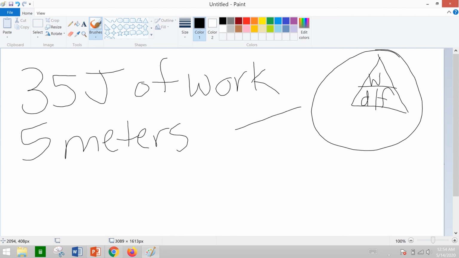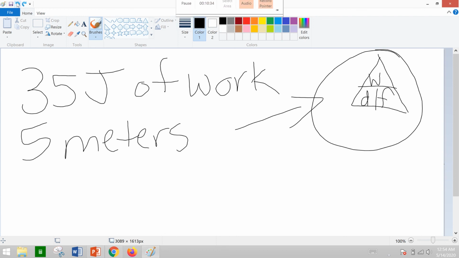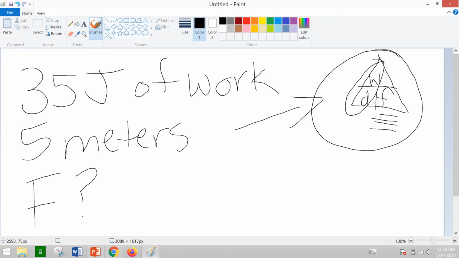Now, according to this, do you need to multiply or do you need to divide? Think of how to use the triangle. If we're talking about there, that is multiplication. But we need to find force. So we are going to look at these two variables.